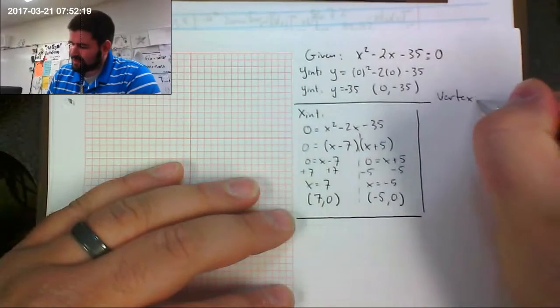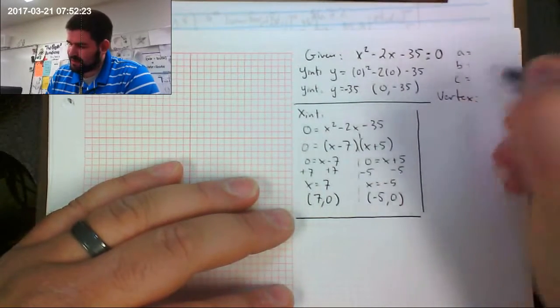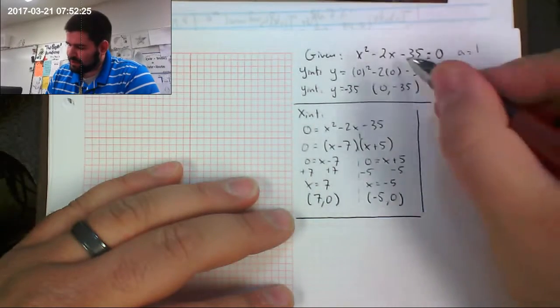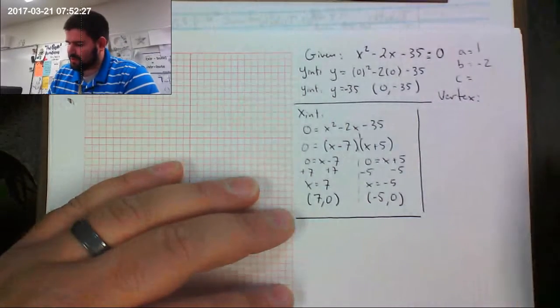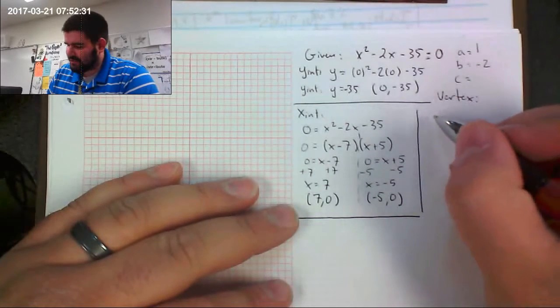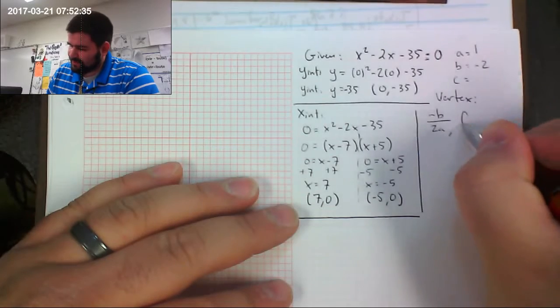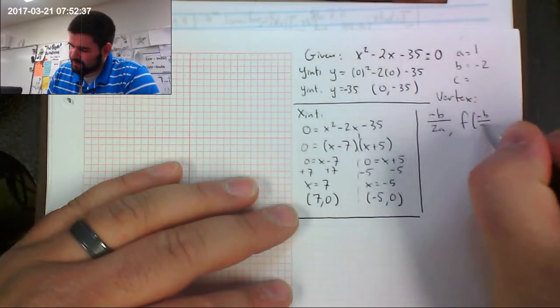But before I find my vertex, I need to find my a, my b, and my c. a is going to be 1. b is negative 2. Which is going to be nice, because when I find my vertex, I have to use the negative b over 2a and f of negative b over 2a.